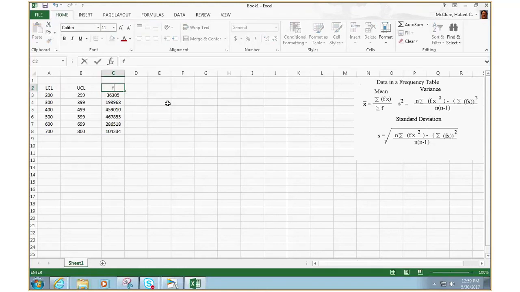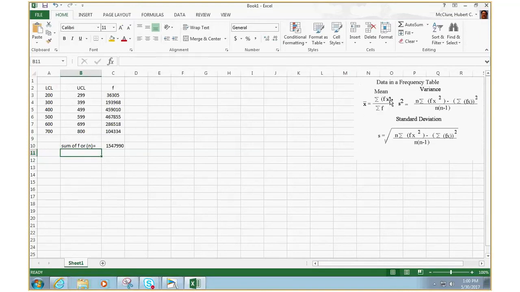There we go. So there's F. Oh, we need the summation of F. What is that called? It's called N, as in November. So there's F, summation of F, or N. So that's that part right there.